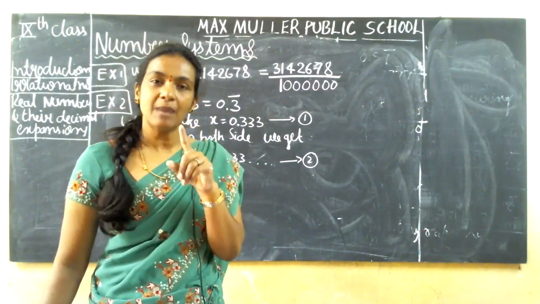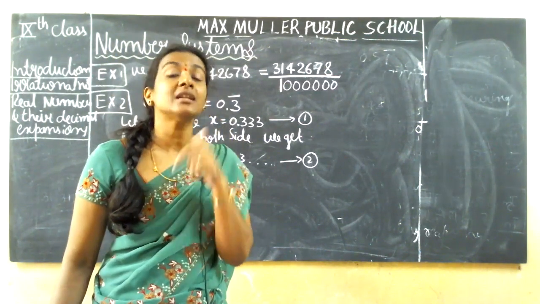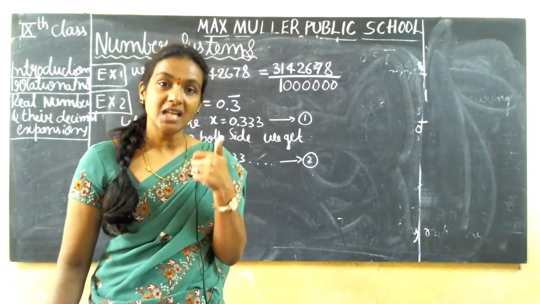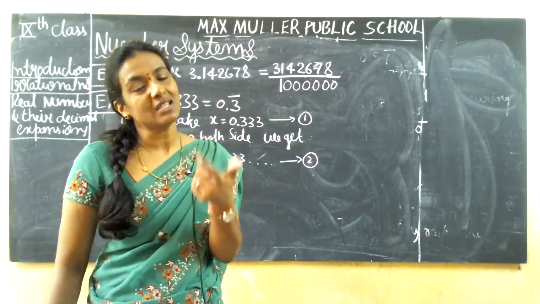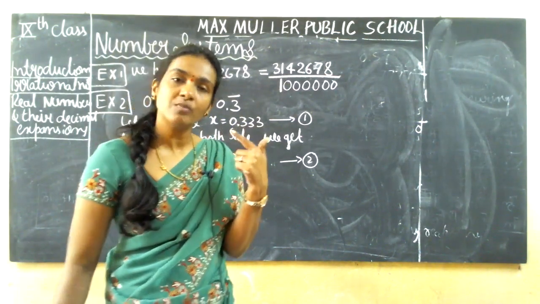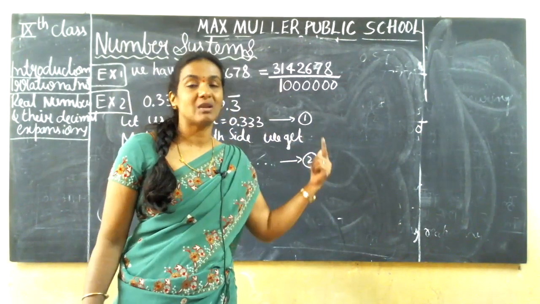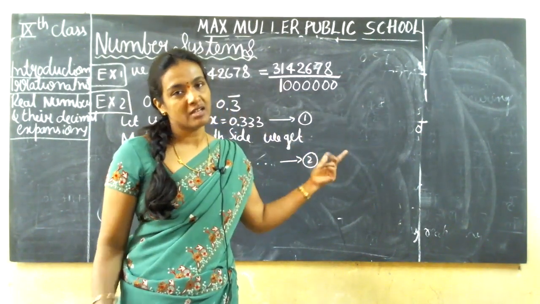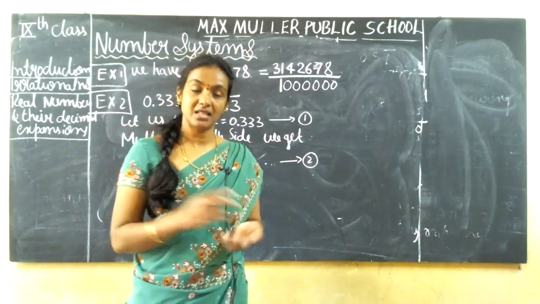In the first example, the number is a terminating decimal, which is very easy. You can remove the decimal point and write in the denominator as many zeros as there are digits after the decimal point. That is done.